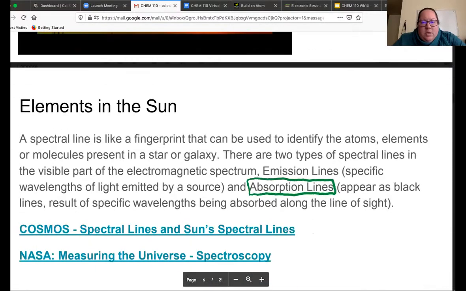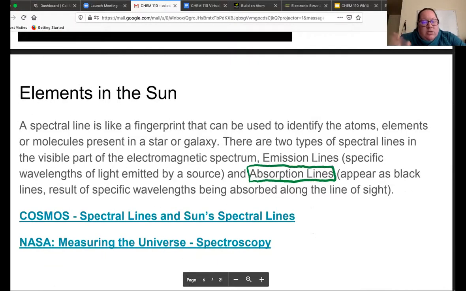What's really cool about that is that a spectral line is a little bit like a fingerprint. We can use spectroscopy to identify atoms, elements, or molecules that are present even millions of miles away. If we can see the light, we can actually see what the composition of stars are.